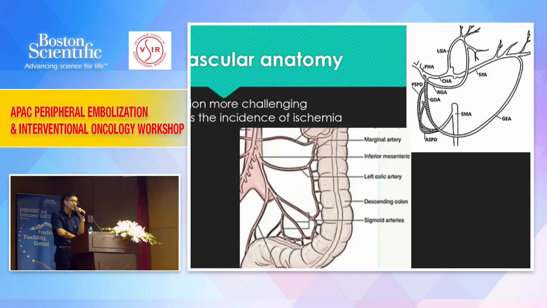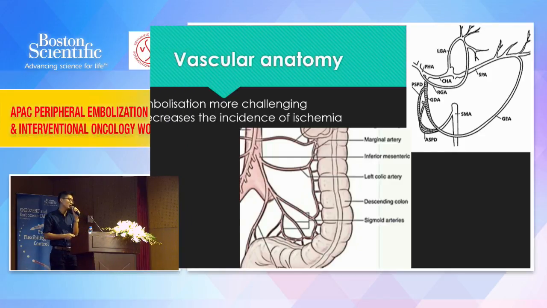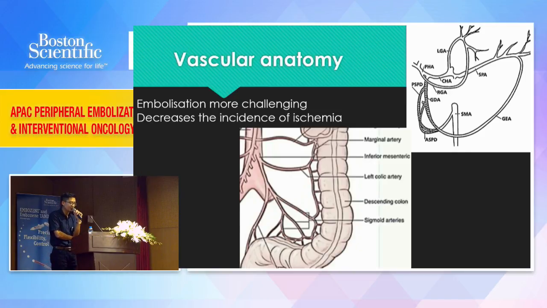Regarding the different anatomy of the upper and lower gastrointestinal tract, in the upper GI tract we have a lot of collateral circulation, so it can make the embolization more challenging.